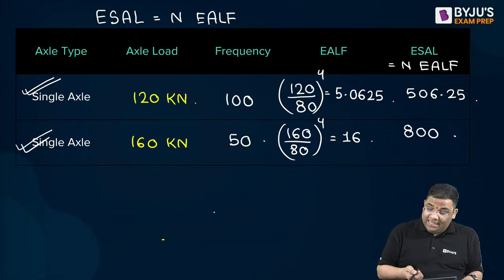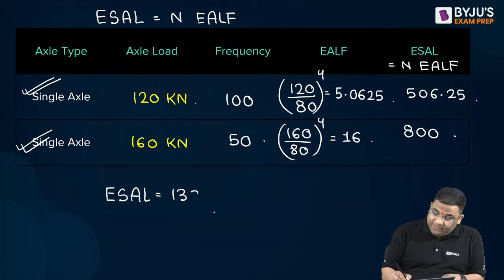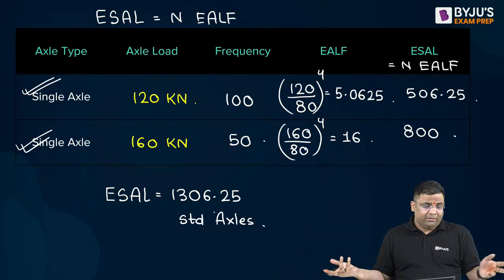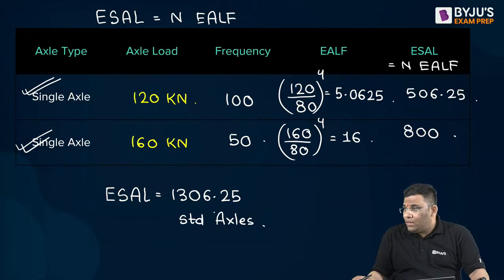So if this is the question and they're asking you the equivalent standard axle loads, the answer will be 1306.25 standard axles. Easy, right? Very good students. Understood?